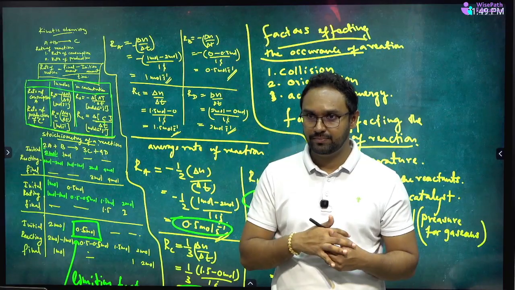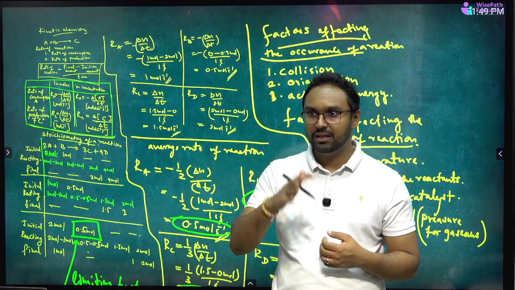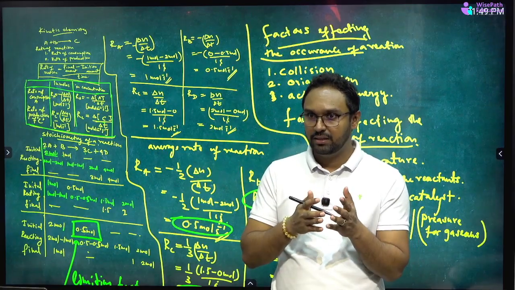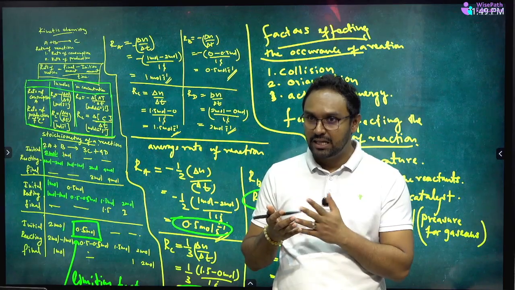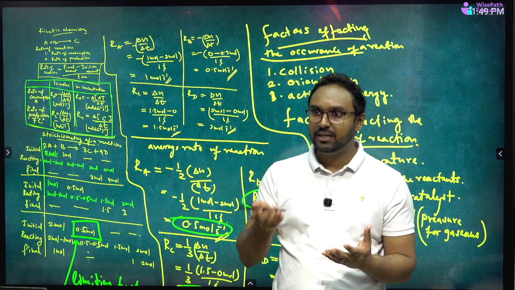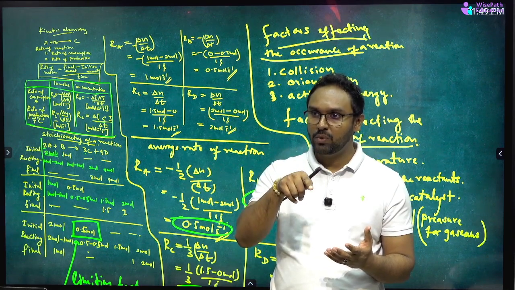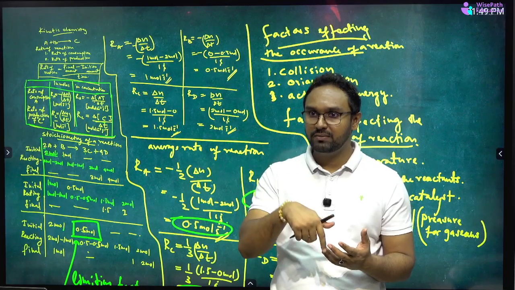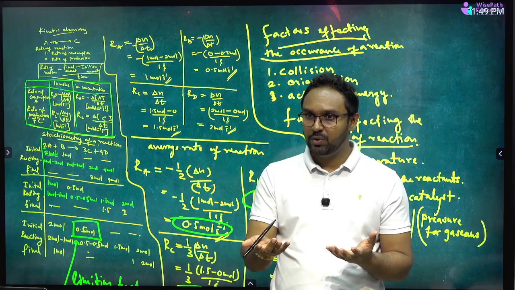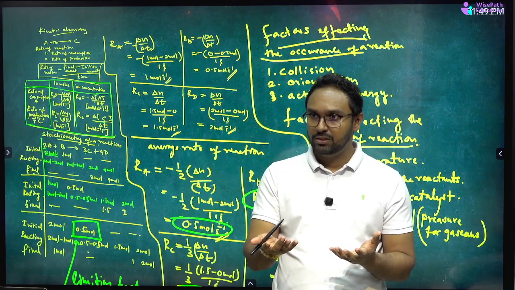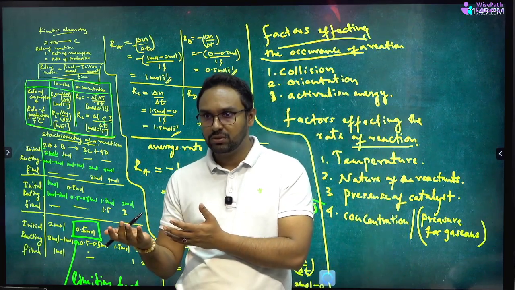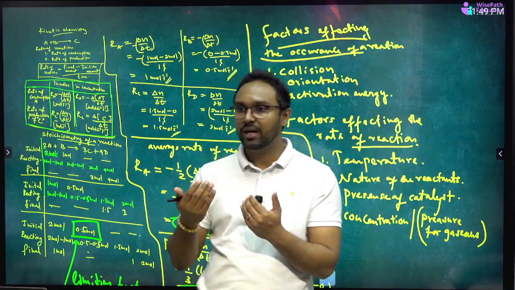It can't connect with sucrose or lactose. That is specific. That is the lock and key method. The lock is the catalyst and the key is the maltose. So maltose only connects with the maltose catalyst, right? The maltose catalyst cannot connect with sucrose or lactose. That is the lock and key method.